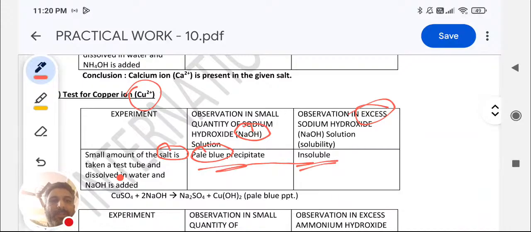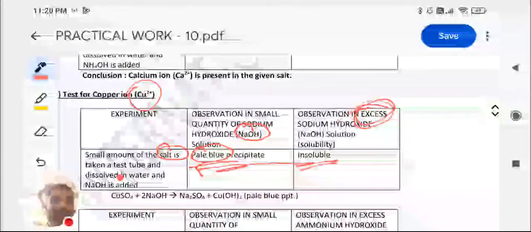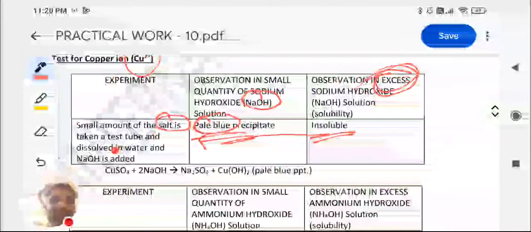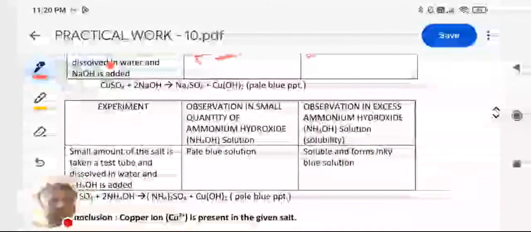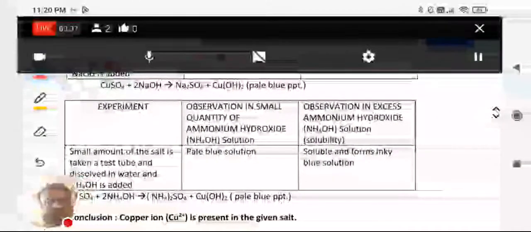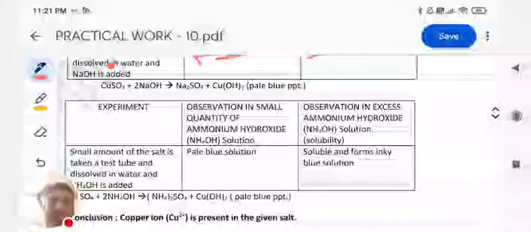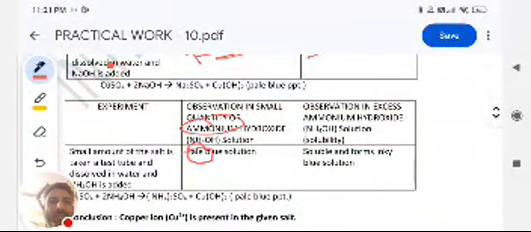So copper ion solution, that is Cu+2 ion, will give you a pale blue precipitate with sodium hydroxide in small quantities, and it remains pale blue when you add excess sodium hydroxide as well. Next, the same copper ion testing. When you add small amounts of ammonium hydroxide to this copper ion solution, it gives a pale blue precipitate.